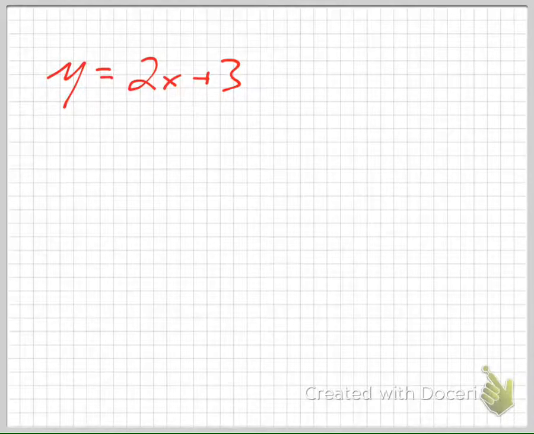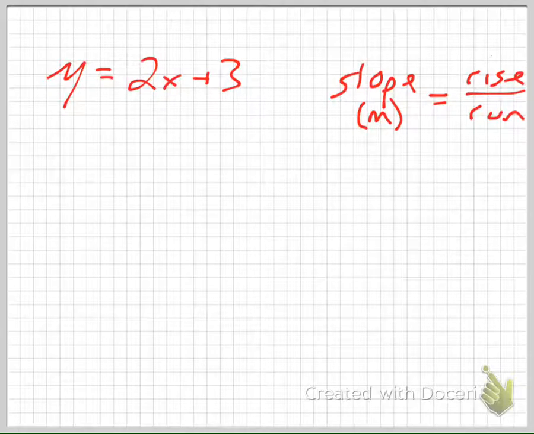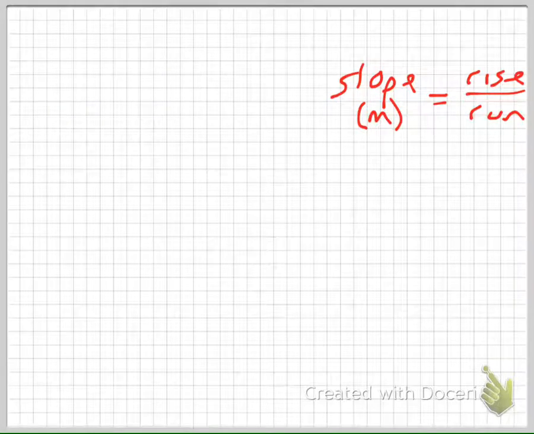The slope means what again? What is the slope? It's the rise over the run, right? The slope, or m, is rise over run. Okay? Rise over run. That means that if, I'll erase this for now. We'll come back to that.